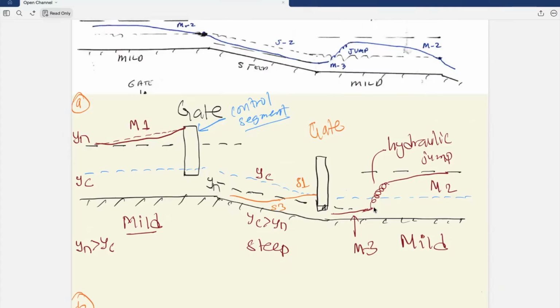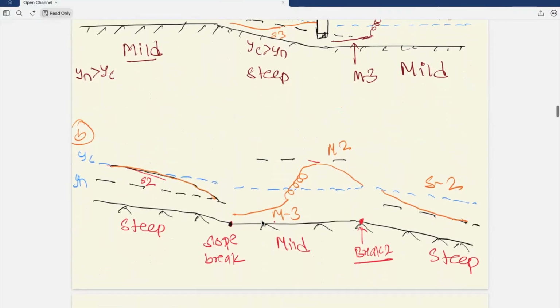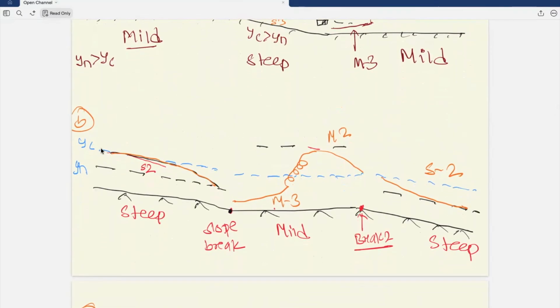So M3 rises toward critical, then there will be a hydraulic jump back to subcritical. After the hydraulic jump, water is subcritical, sitting between yc and yn, zone 2, and depth gradually increases toward normal depth going downstream.